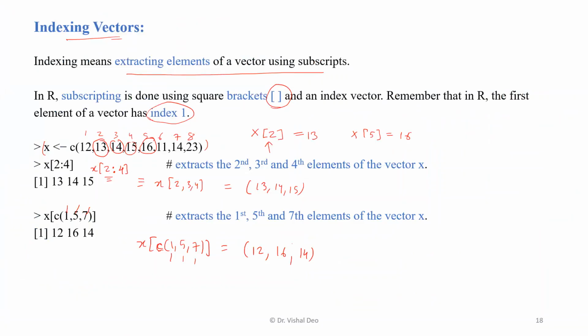Indexing is very useful. So these are different ways of indexing. Just remember that we have to use square brackets, because in certain other programming languages, like MATLAB, we use small braces instead. Even I get confused when I switch between R and MATLAB. So remember, in R we use square brackets for indexing.